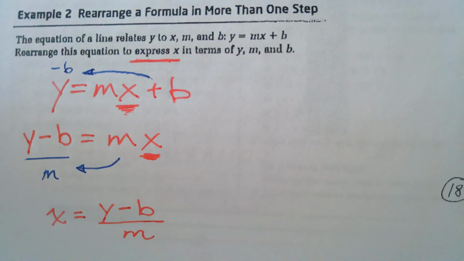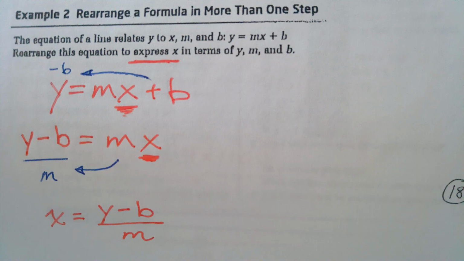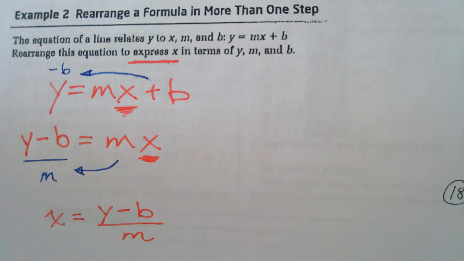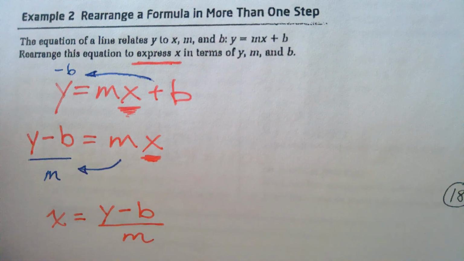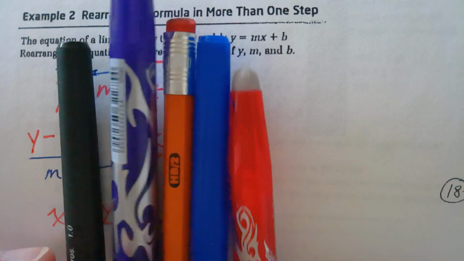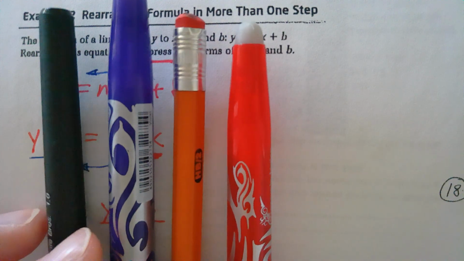Now I know that sometimes people find this a little confusing because they're not used to rearranging equations. You've been taught to solve for numbers. For example, I have all these different color pencils.